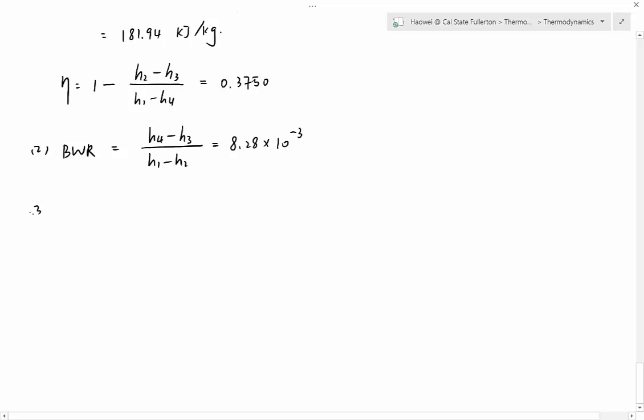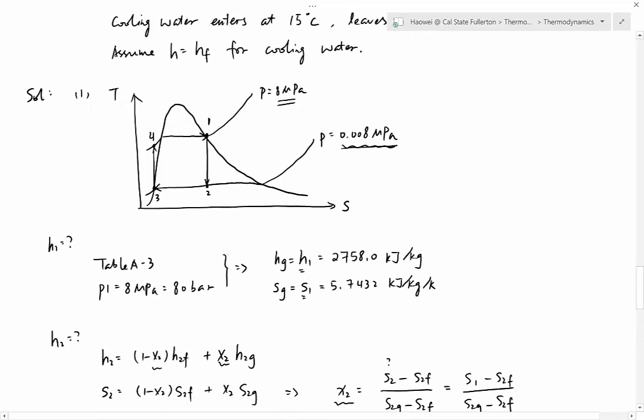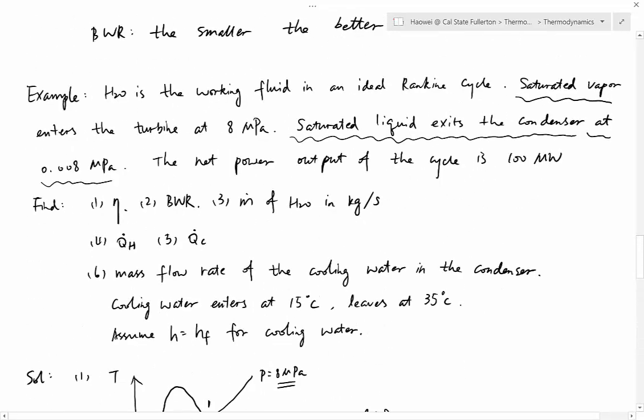And then part 3 is to look for mass flow rate of the water. How do we look for mass flow rate? We didn't derive the equation for mass flow rate last time, but there's one given condition that we haven't used. What is that? The net power output of the cycle is 100 megawatts.